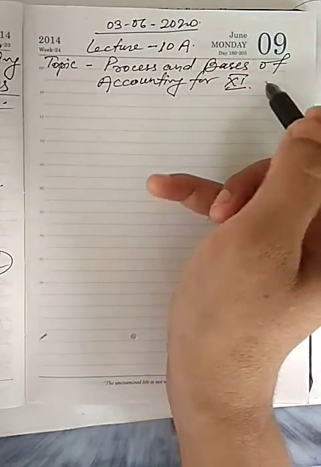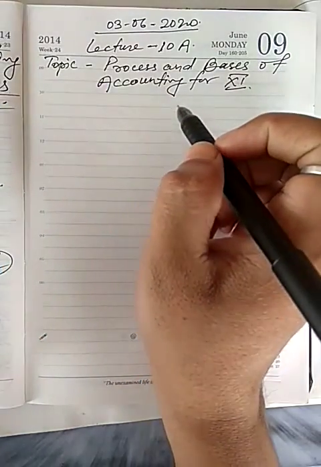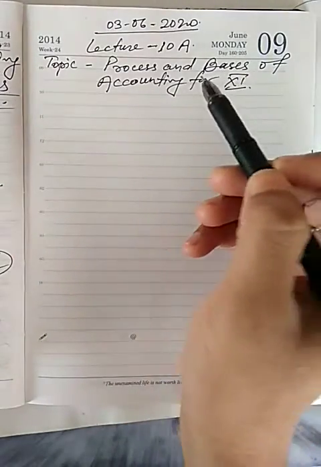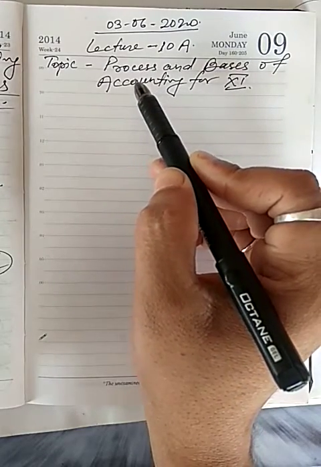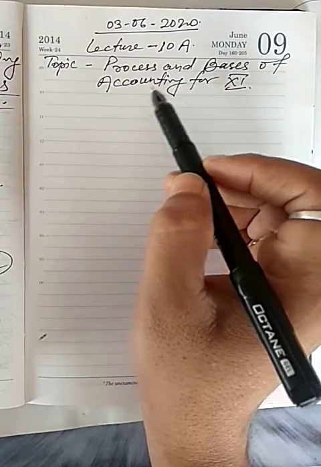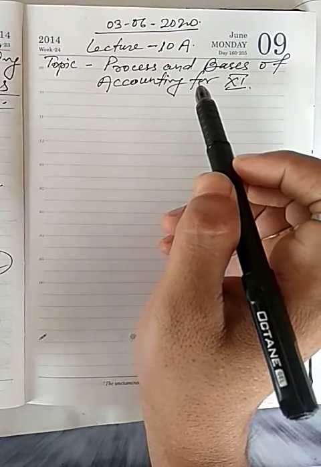Student, accounting process begins with the origin and identification of business transaction, and it is followed by recording, classifying, summarizing of business transaction.